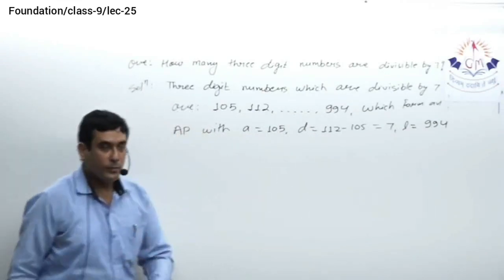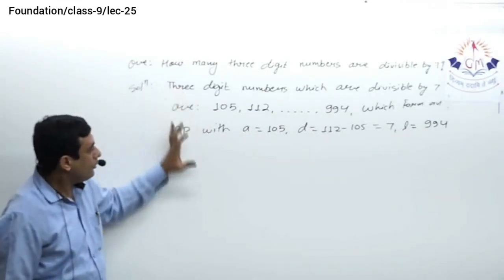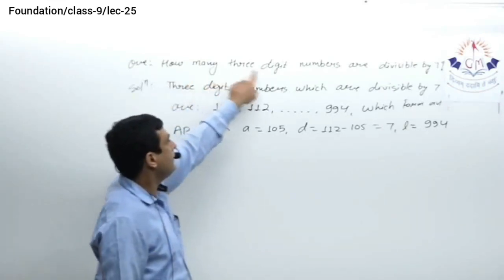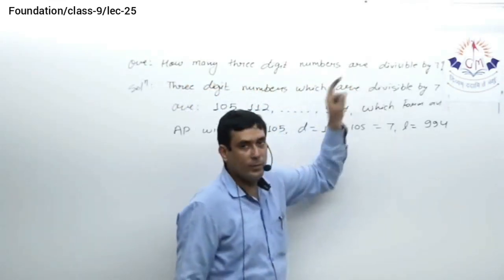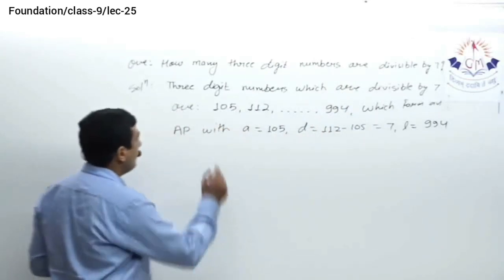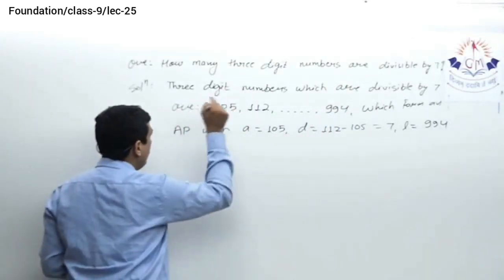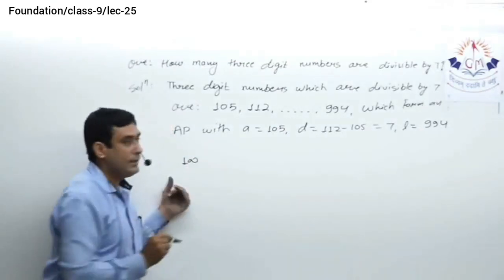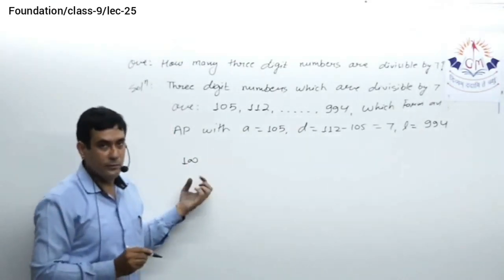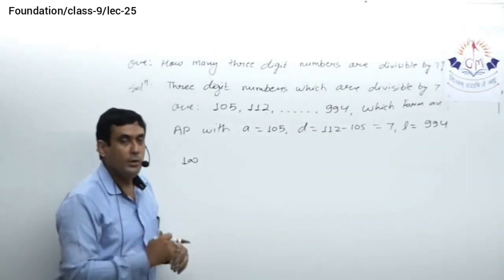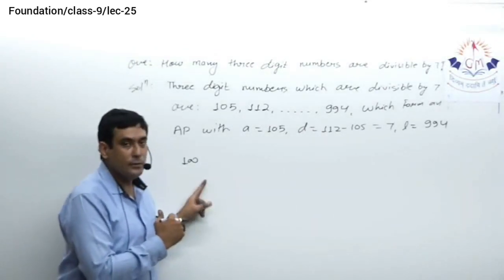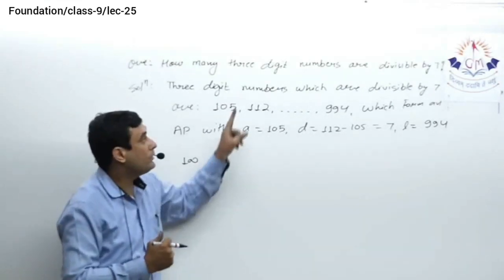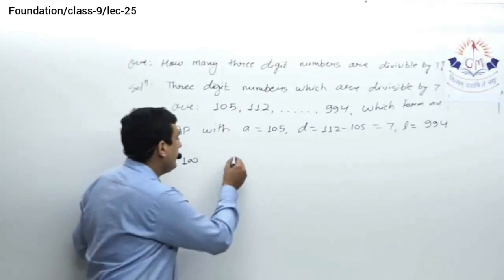I'm explaining once again how we got this. The question was how many 3-digit numbers are divisible by 7. First I took the very first 3-digit number, that is 100. I divided it by 7, which gives remainder 2. Then I subtracted the remainder to get a number divisible by 7, but that was not a 3-digit number, that was 98.